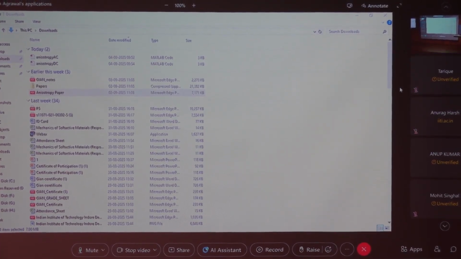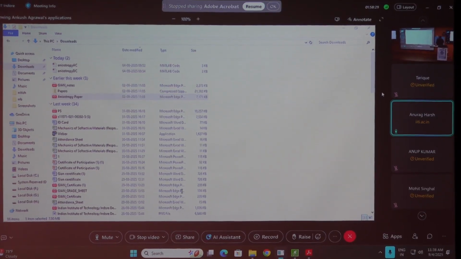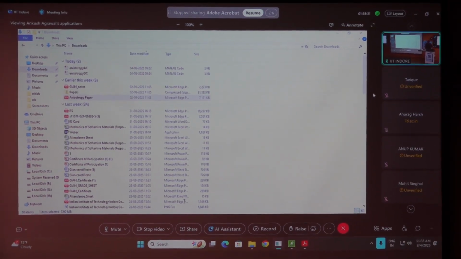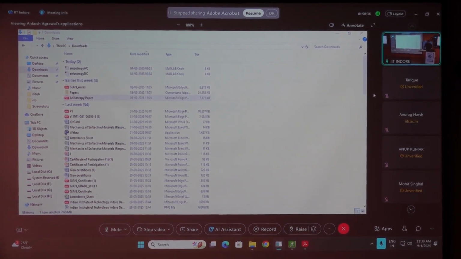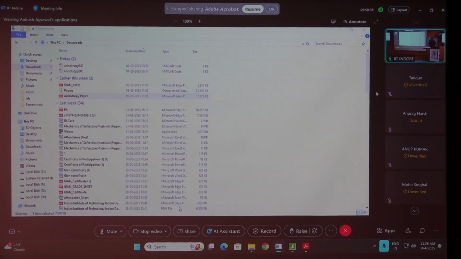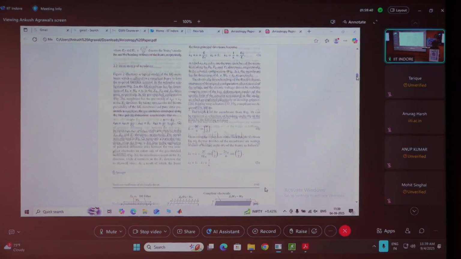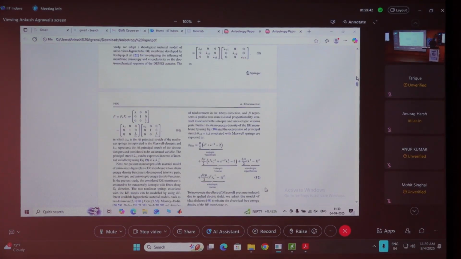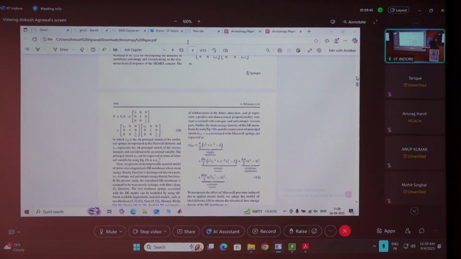So the formulation that we have discussed, we will now show you how you can solve this equation to get the important results pertaining to the dynamic analysis of the DMS actuator. Final equation and then MATLAB. Just go down, first equation.